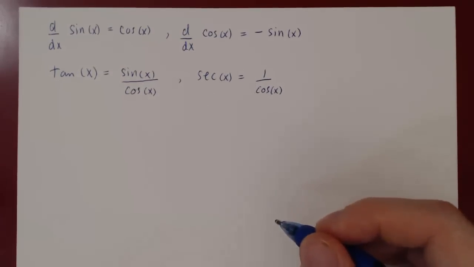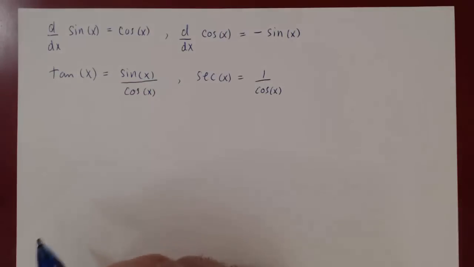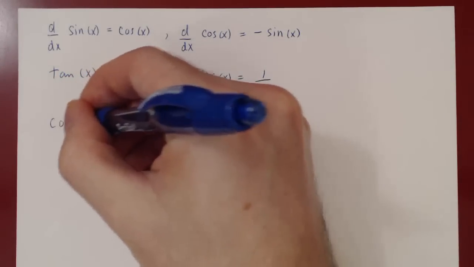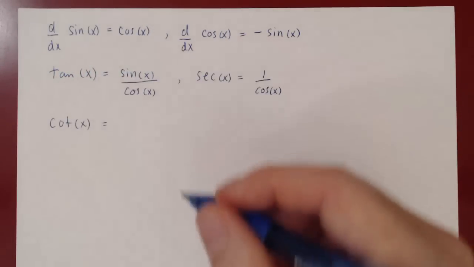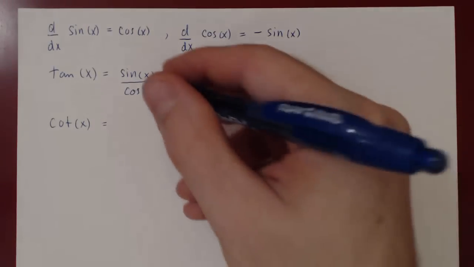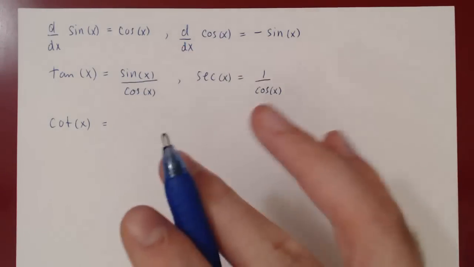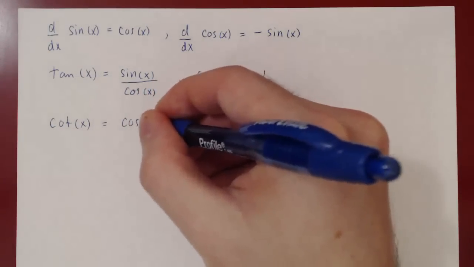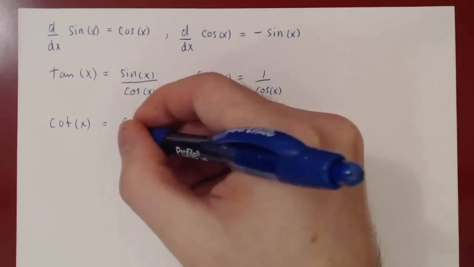And then we have the mirror images. With tan of x, we also have cotangent of x. So it's just 1 over tangent. Therefore, if you do 1 over this fraction, you flip the fraction, so cotangent is cosine of x divided by sine of x.